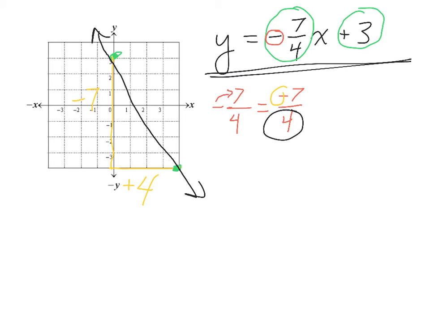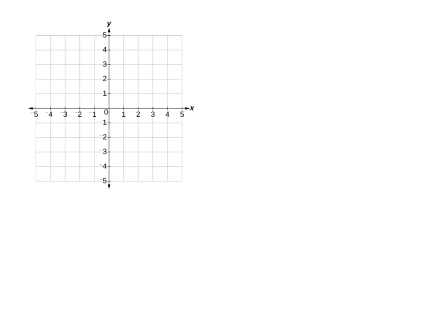All right, let's make one more change. We've seen we've had a positive slope. Now we've had a negative slope. Now let's try graphing y equals negative 3x plus 2.